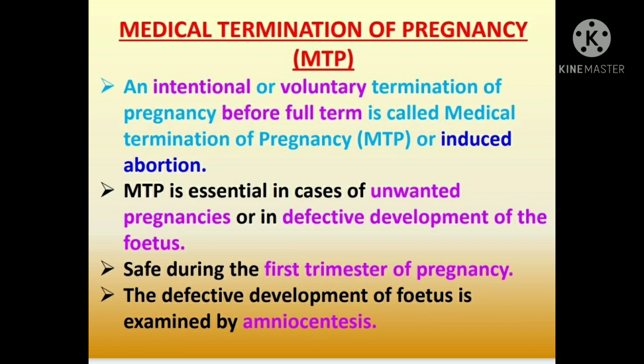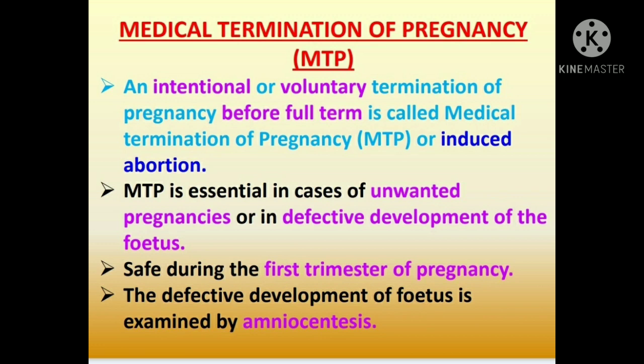It means that when any defect is seen in the fetus during the nine months of pregnancy, at a certain stage of pregnancy one test is done, and that test is called amniocentesis. Through that test, the specialized doctors come to know whether the fetus is healthy enough or not.